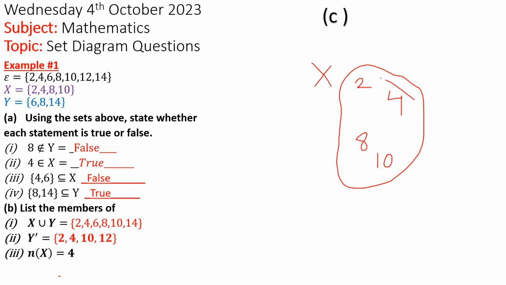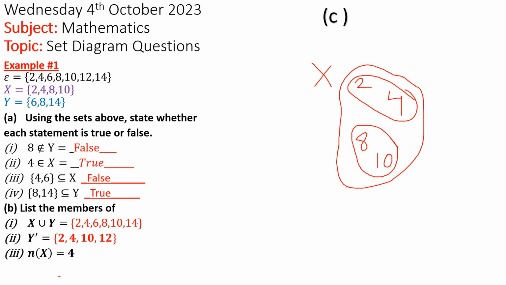So {2, 4} can be a subset of X because 2 and 4 are part of X. You see that? Yes, sir. And {8, 10} can be a subset of X because 8 and 10 are elements of X. So that's what I mean by a subset. It's a set within a set. Now, {8, 14}, is it a subset of Y?